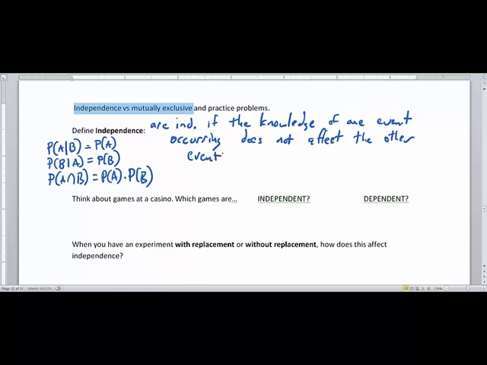So two events are independent if the knowledge of one event occurring does not affect the other event.